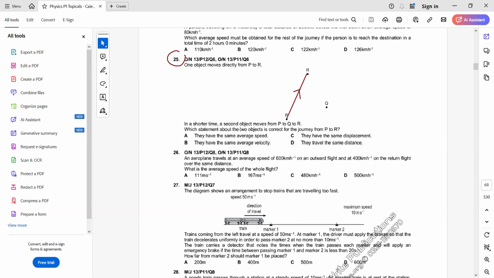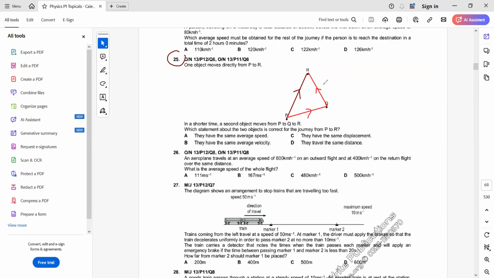In a shorter time, a second object moves from P to Q and then Q to R. So the other object is going like this, P to Q and Q to R. And the other piece of information which is very important is they clearly said that this red path is the shorter time path. So that means the object is moving faster here. Which statement about the two objects is correct for the journey from P to R?